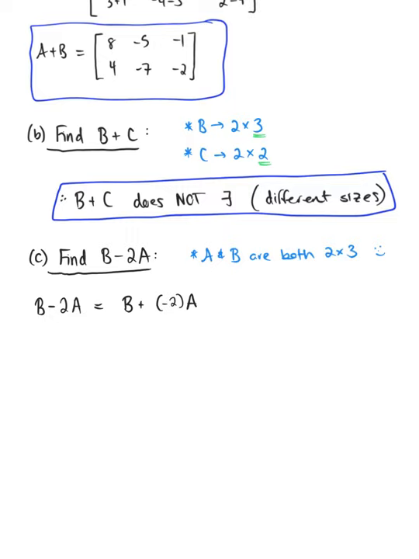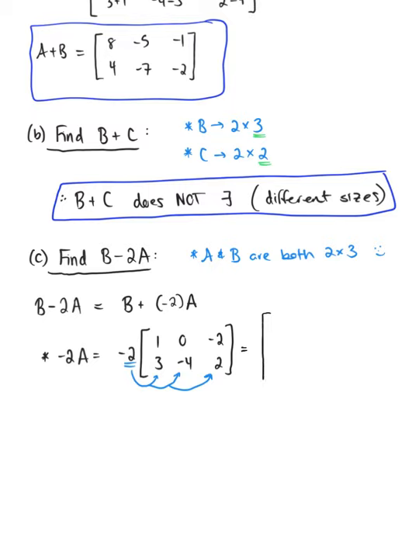So let's start with that scalar multiple. Let's find the scalar multiple negative 2 multiplied by matrix A. So this is going to be negative 2 multiplied by matrix A, which has column vectors 1, 3, 0, negative 4, negative 2, 2. And now remember, we want to take our scalar multiple, negative 2, and distribute it through to each of the column vectors. So in other words, the columns of matrix A will be negative 2 times as big, or small in this case.